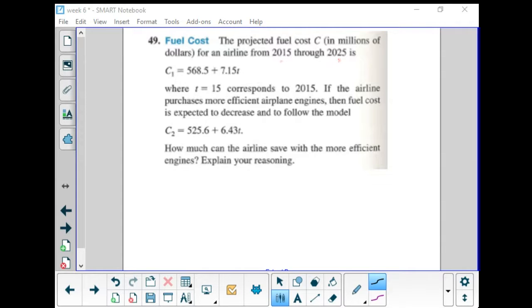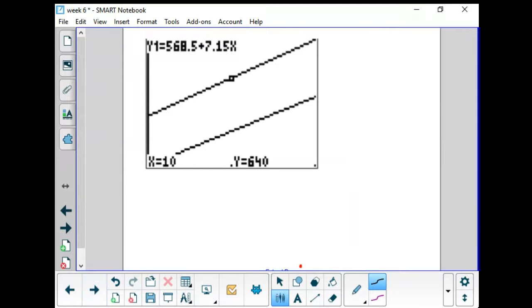Let me go ahead and go to that. So we can see here's the original fuel model. This is the new fuel model that I've already graphed. So in this case, I'm looking at costs. The space between them is going to be money saved.